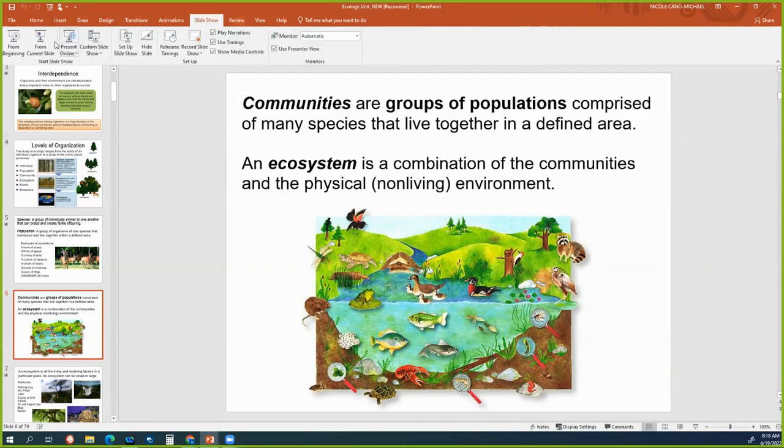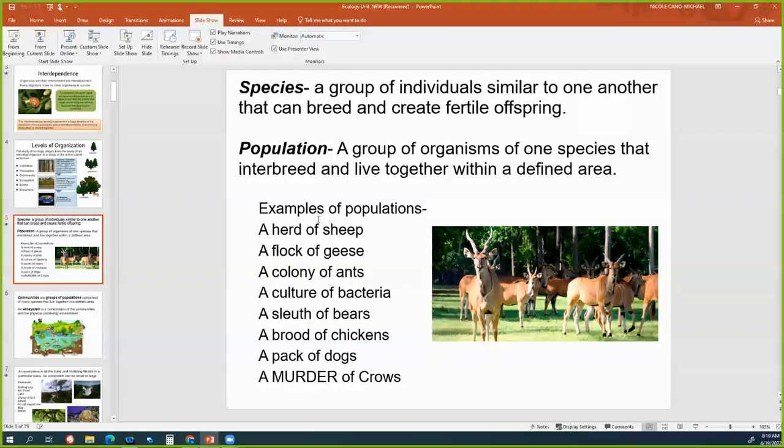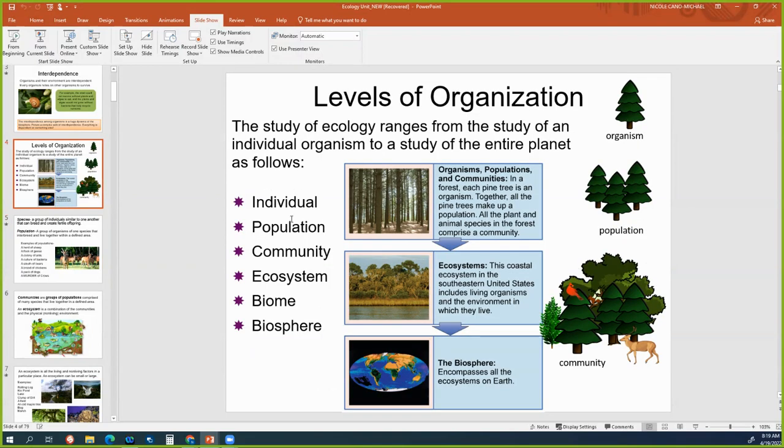So, ladies and gentlemen, I'm going to pick up where we left off yesterday a little bit. We had looked at the levels of organization. I want to bring this to mind because we had just talked about this in our do now question. These are the levels of organization inside of the biosphere. The least complex is the individual.